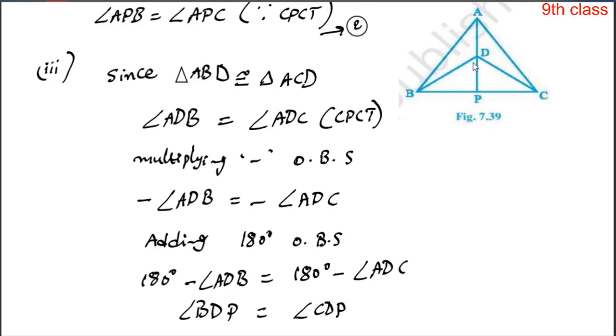So 180 degrees minus angle ADC is equal to angle CDP. So angle BDP is equal to angle CDP. So AP bisects angle D.